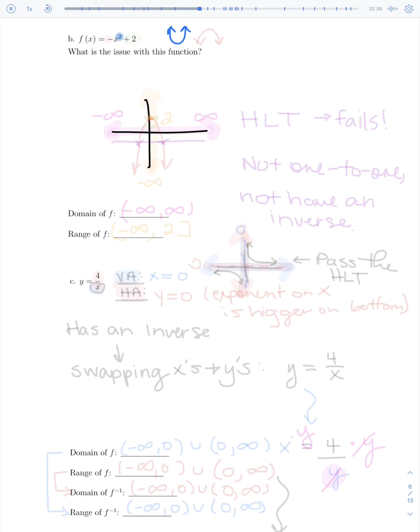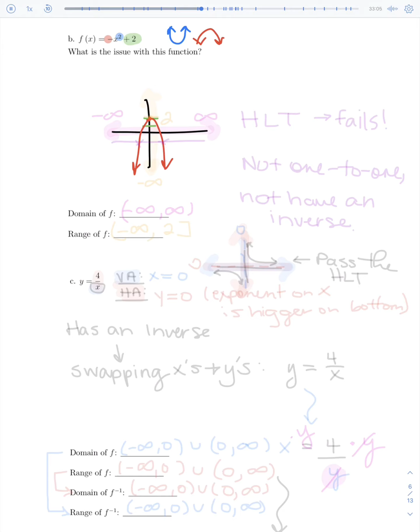However, because of the negative sign out in front, it's actually going to be doing the reverse. It'll be pointing downward. And then the plus 2 will shift it upward. So we've got a parabola that's been shifted up 2, but that's pointing downward from that 2. So it'll look something like the following.